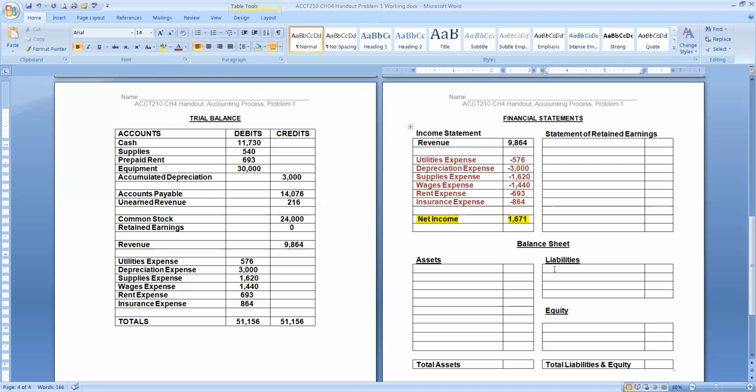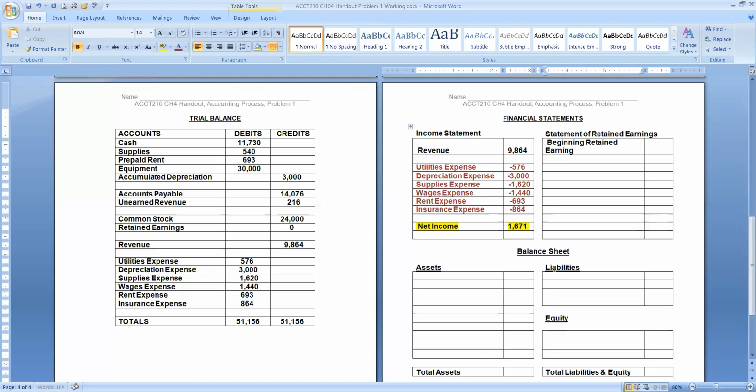We're going to start with retained earnings, but the first thing in there would be... Now, there's 0 in our retained earnings, so our beginning retained earnings is 0. And yes, income will be the first dollar amount we put in there.